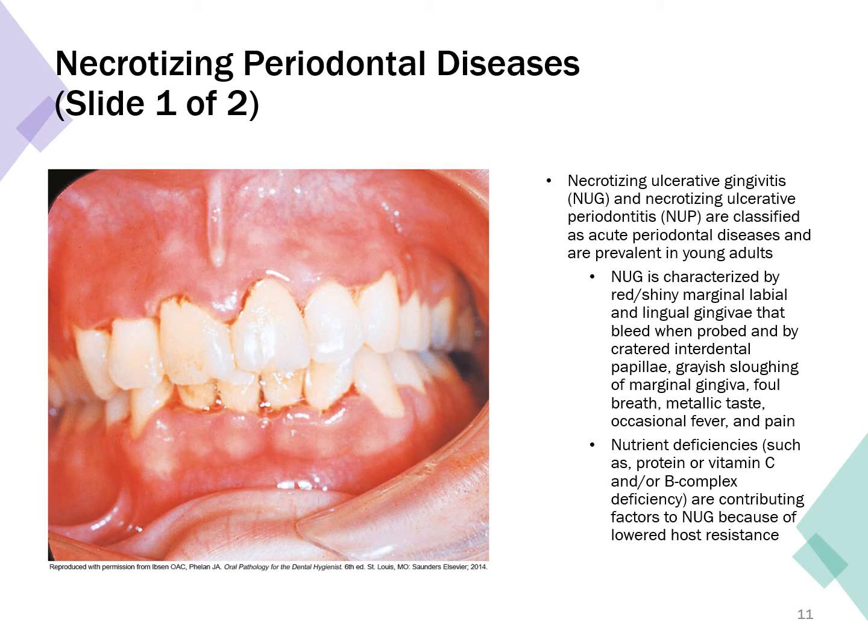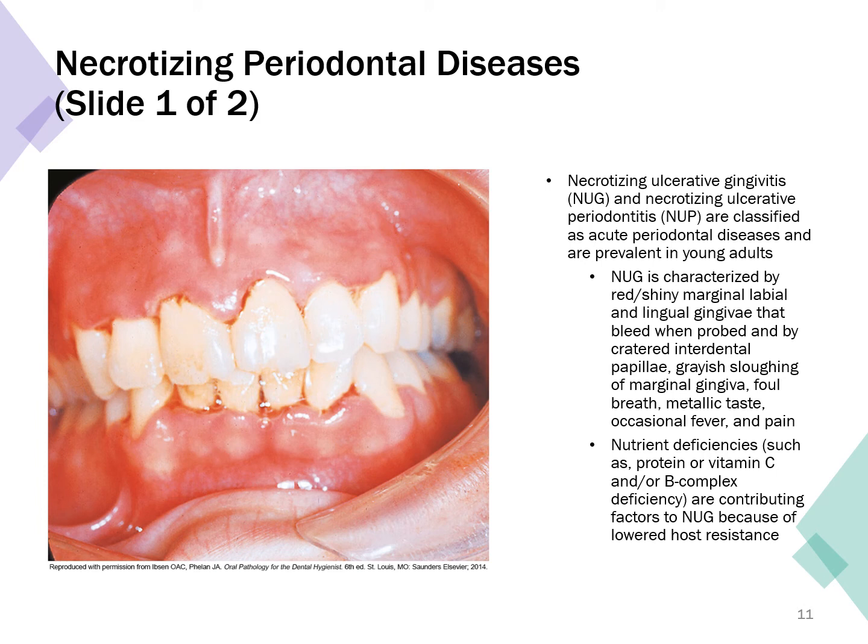Moving on to necrotizing ulcerative gingivitis, NUG, and necrotizing ulcerative periodontitis, NUP. They are going to be acute. And I know that all of this is a review for you from perio. But NUG is going to be characterized by red, shiny marginal, labial, and lingual gingiva that bleed when probed, and by cratered interdental papilla.